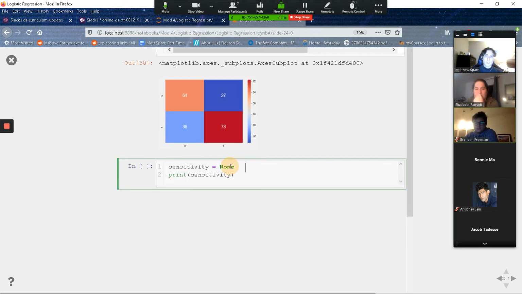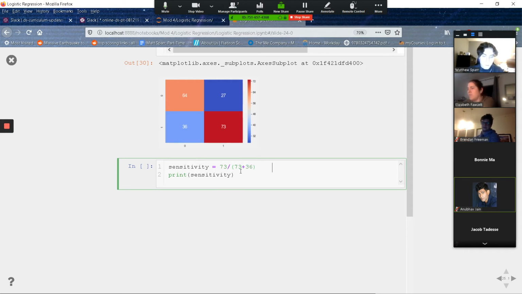All right, so then can someone tell me how to calculate sensitivity given this confusion matrix? Divided by 73 plus 64. So that would be the true negatives. Yep.